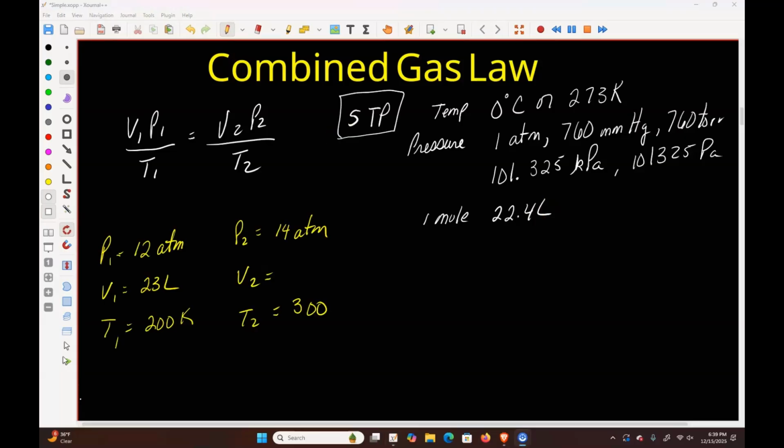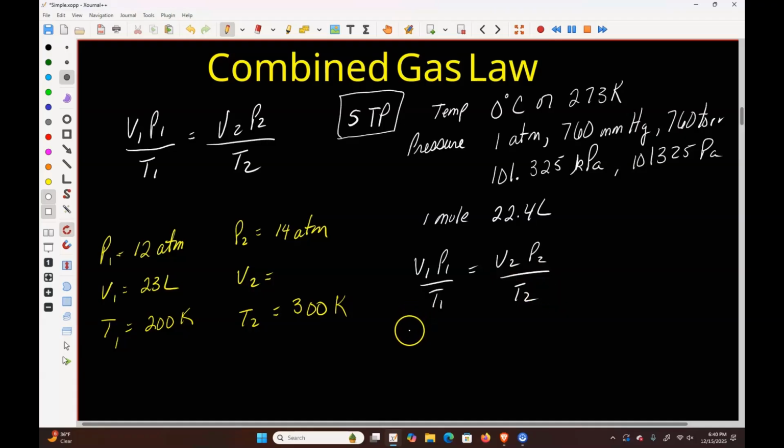So in our sample problem here, we have an initial pressure of 12 atmospheres, an initial volume of 23 liters, and an initial temperature of 200 Kelvin. After some change, the pressure is now 14 atmospheres, and the temperature is 300 Kelvin. So we're looking for the resultant volume. So we'll say V1 P1 over T1 equals V2 P2 over T2.